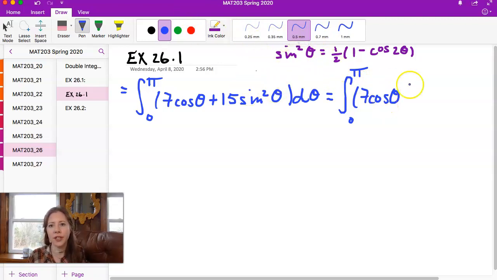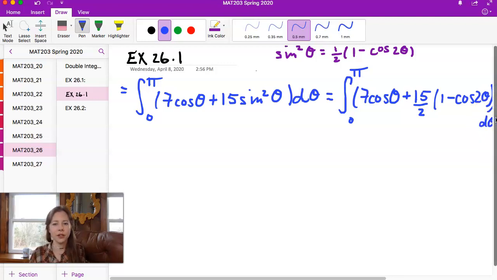So we're going to use this half angle identity, and it's going to be 15 over 2 times 1 minus cosine 2 theta, and we still have our d theta.